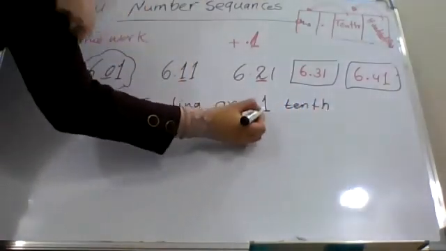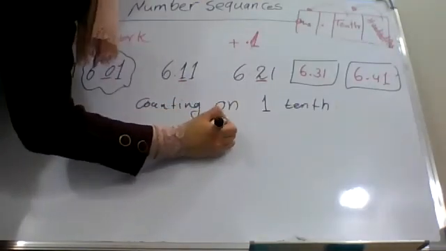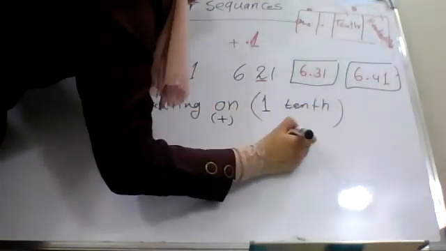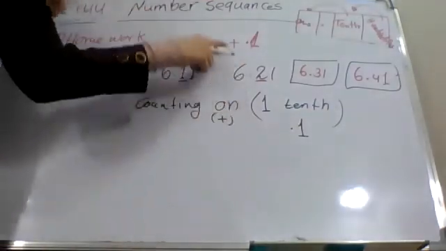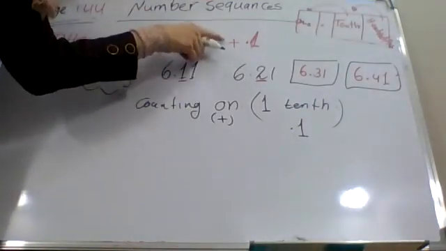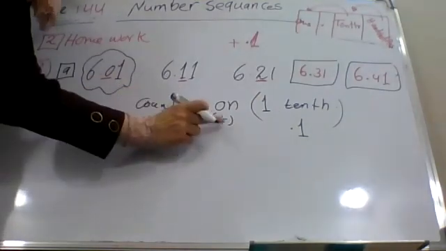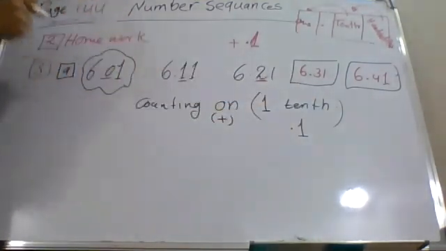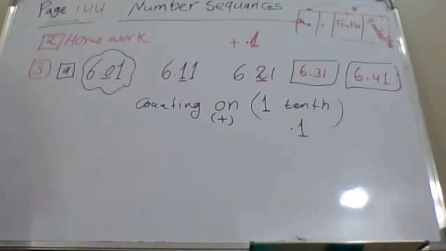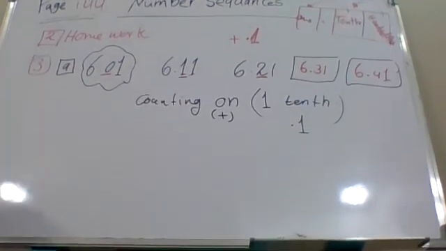Counting on means plus, and 1/10 means 0.1. So this translates our explanation. We said that it's a plus 0.1. Here we are counting on, plus, and 1/10 is 0.1. Okay, this is our first question. Let's take a look at question B. Okay, B and 4 and 5, all of them are going to be your homework for the next day. Okay, thank you for watching and see you.